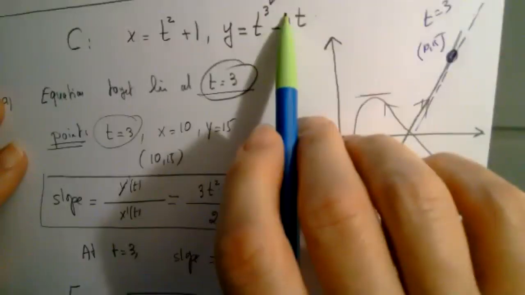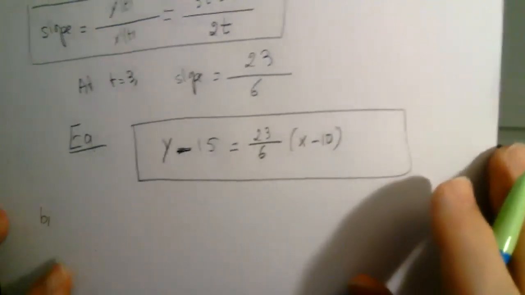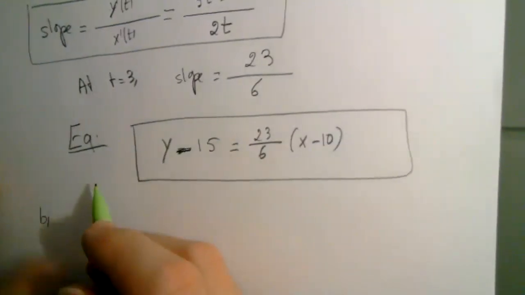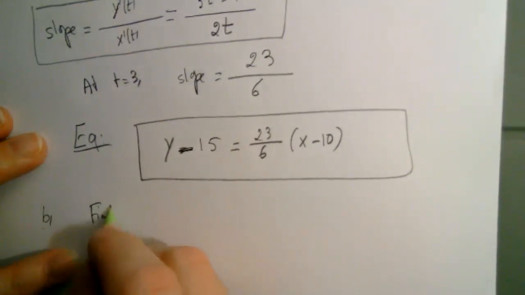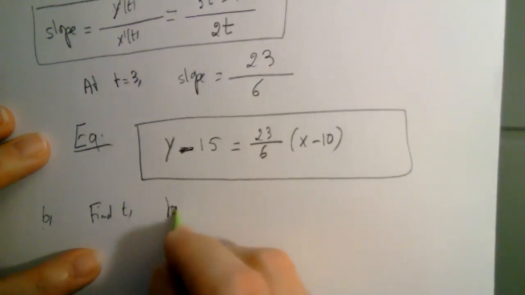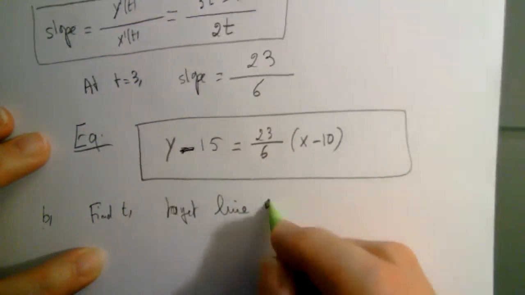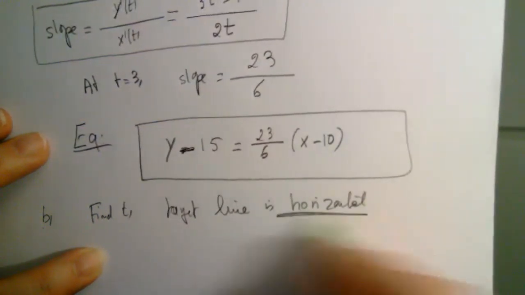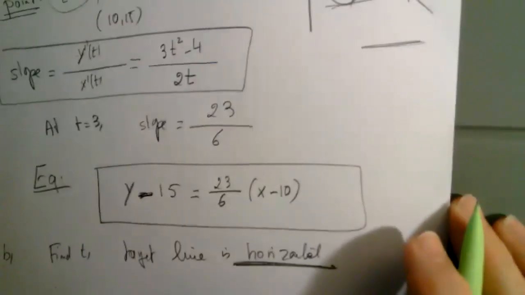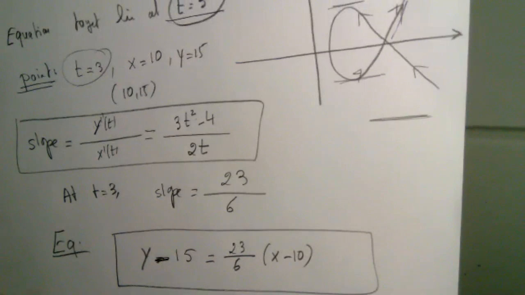That's 3, not 2. Okay, thank you. So now let's go back here. My question is, find t where the tangent line is horizontal. When is the tangent line horizontal?